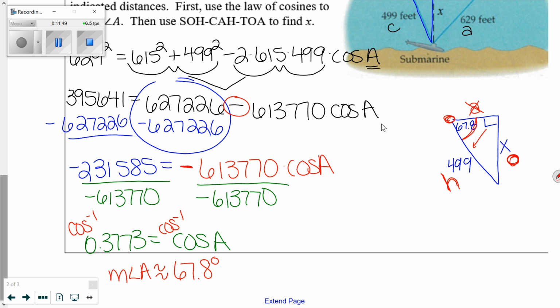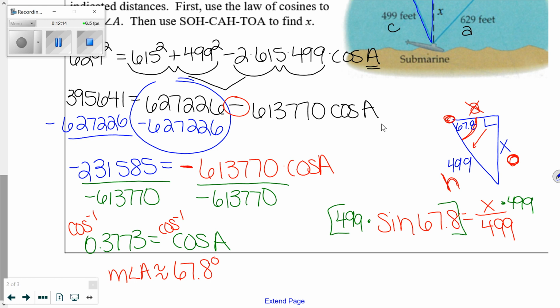Because of opposite and hypotenuse, that is the sine. So the sine of the angle always equals the opposite over the hypotenuse. Now to solve this, we have to get rid of dividing by 499 and multiply by 499. So now we're able to just type this in the calculator, and we end up with x being about 426 feet.